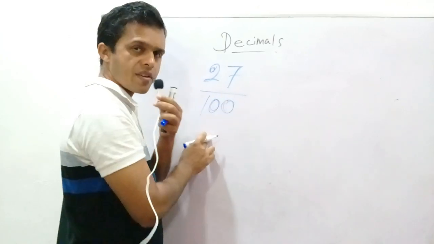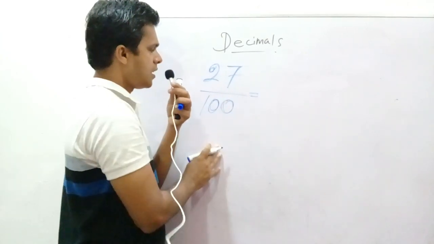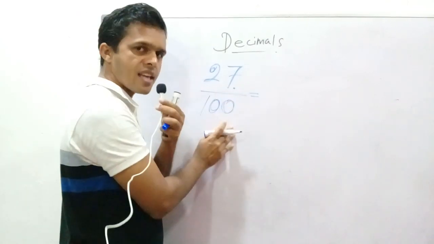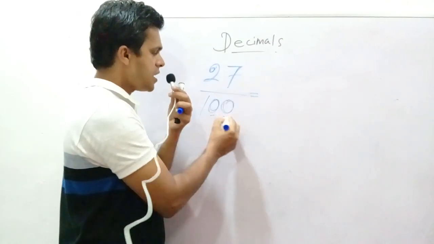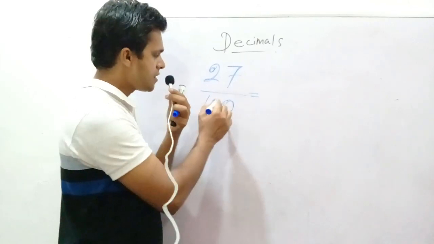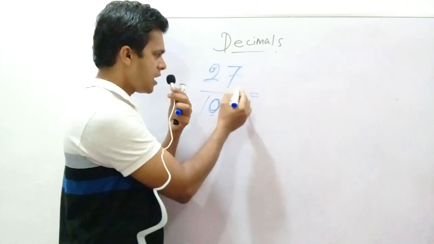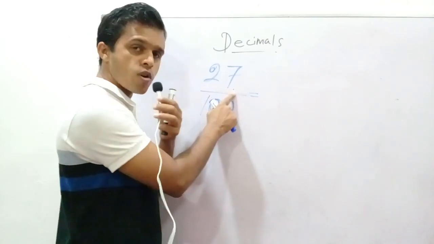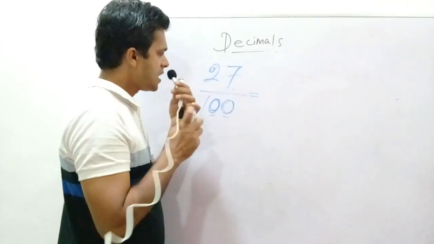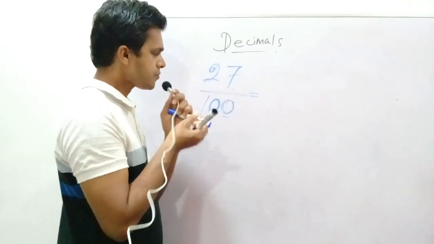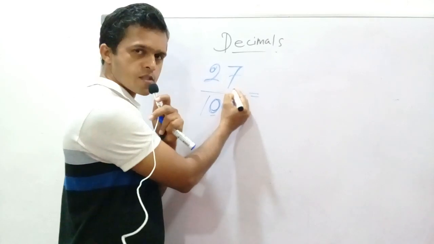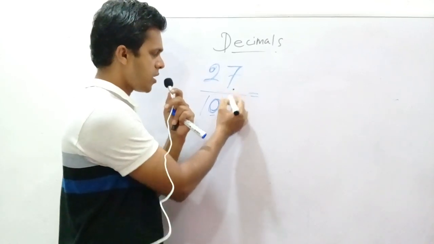Here it has a decimal point, but you cannot see it. How many zeros are there in this 100? 2 zeros. Here is the decimal point, which you cannot see.